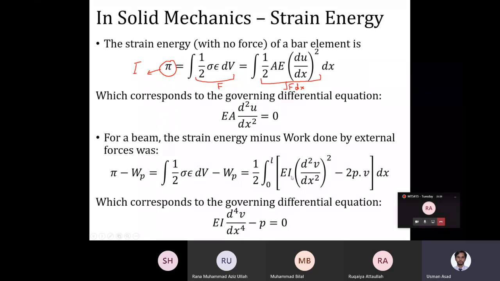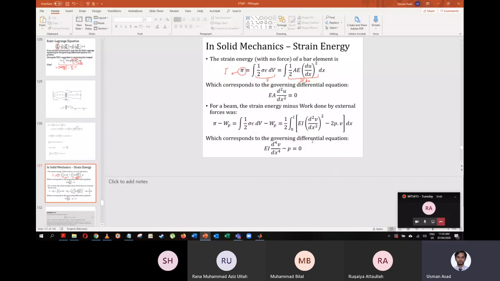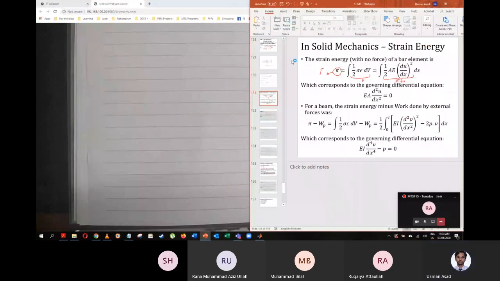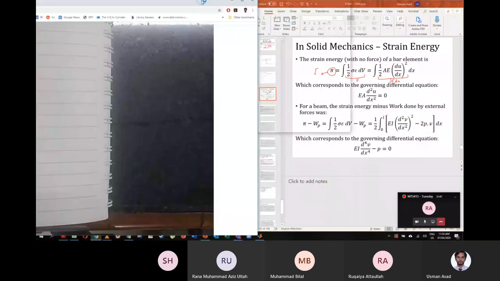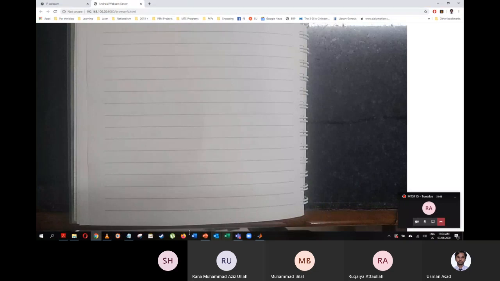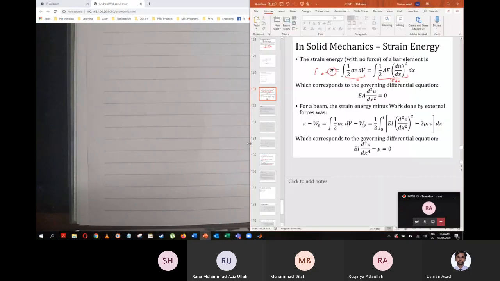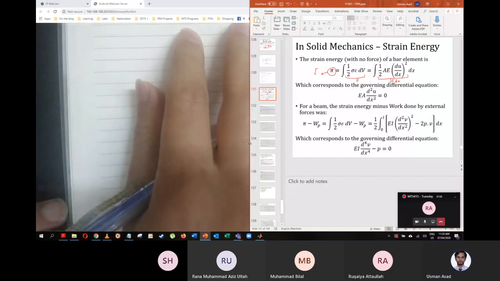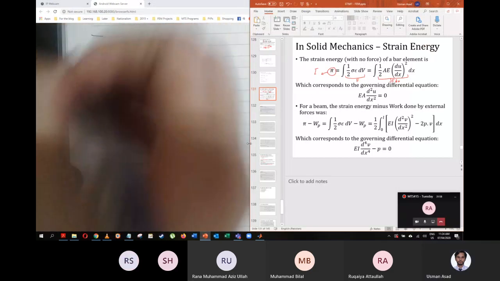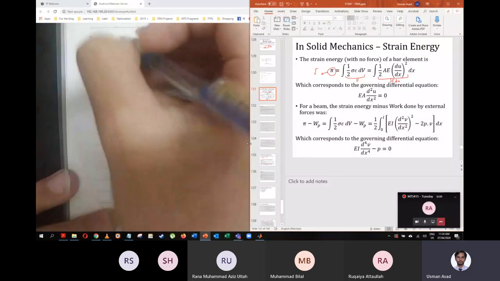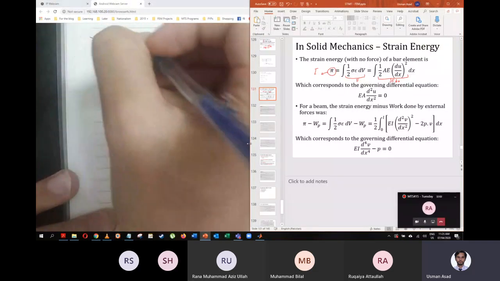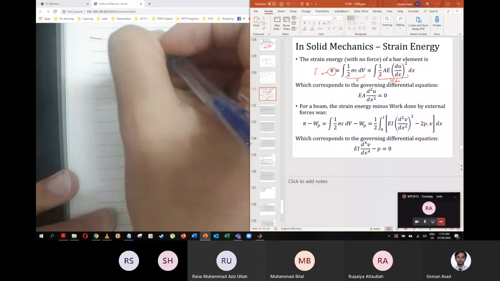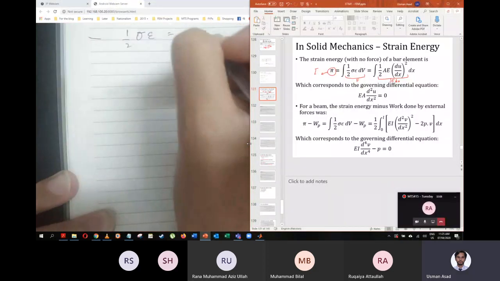ठीक है? And ये जो term आई है ना, ये इस तरह आई है कि let me just go back to my screen. Okay. You've got half stress into strain, which is going to be once again equal to half into E into epsilon square.